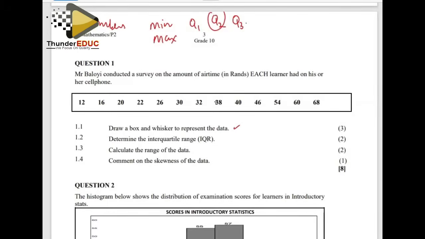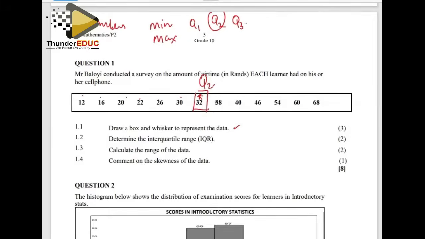Since we have 1, 2, 3, 4, 5, 6, 7, 8, 9, 10, 11, 12, 13, we have 13 numbers, and we need to find the middle number. Half of 13 is going to be position number 7. So this becomes your Q2.